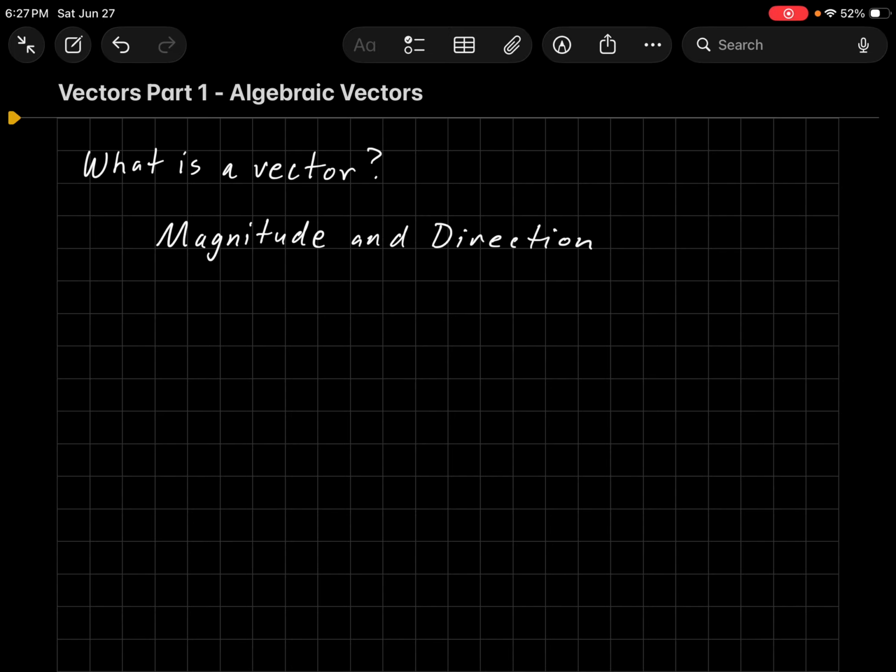But here we want to look at just the algebraic side of it. So physics usually says a vector is something that has a magnitude and direction. But for me in mathematics, I say a vector is simply what? Well, it's simply a list of numbers. That's really all that is.